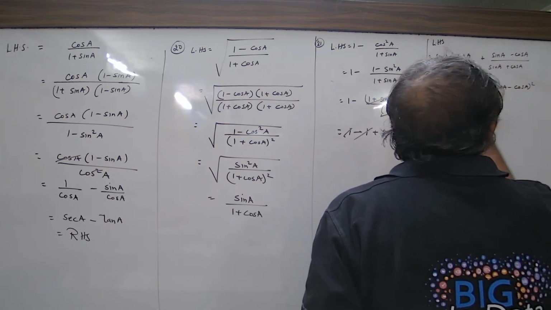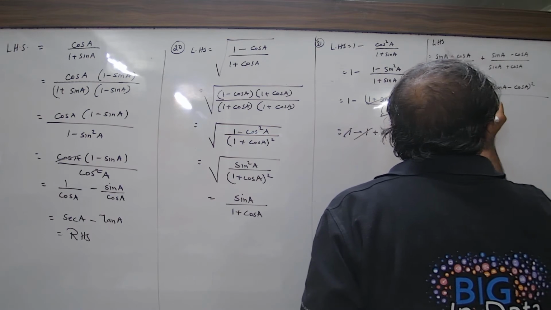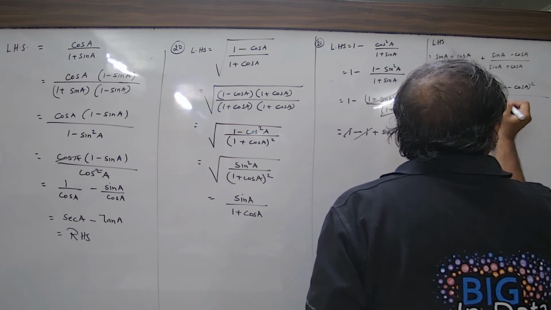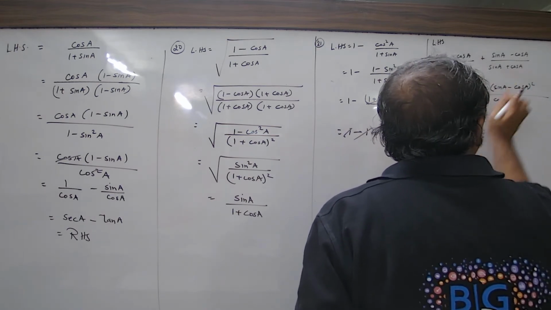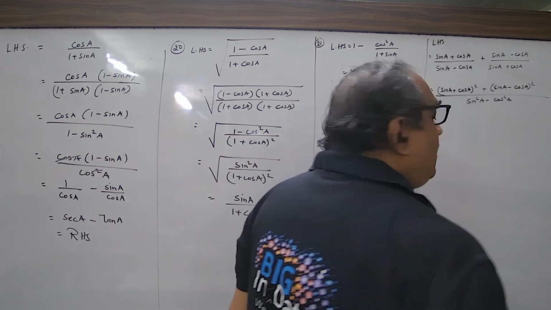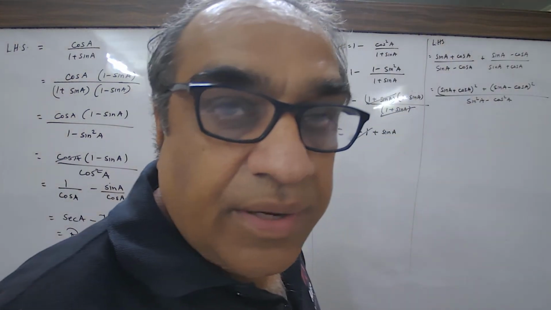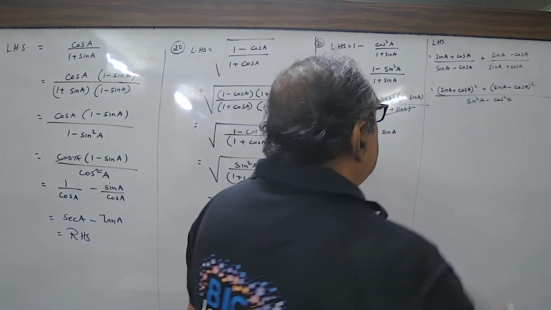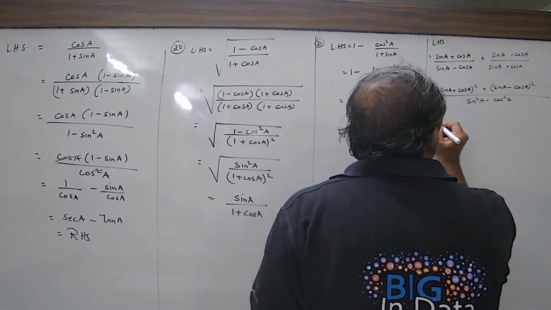I have taken the LCM. And when A minus B into A plus B gets multiplied, it will become A squared minus B squared. I'll open the bracket.